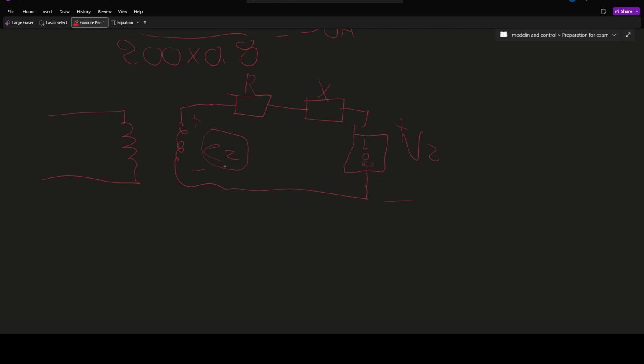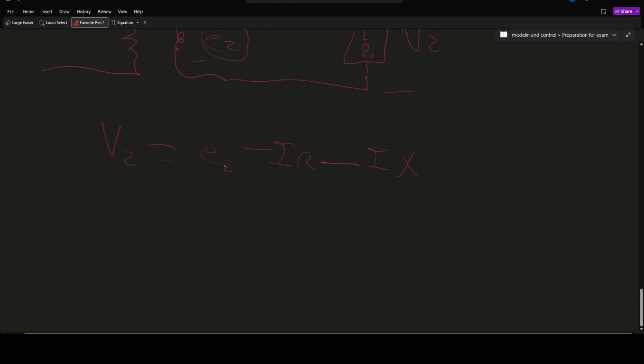So the voltage in the secondary is going to be our EMF minus the voltage drop in this real loss, the current that we just calculated times this loss, and also our current times the inductance.